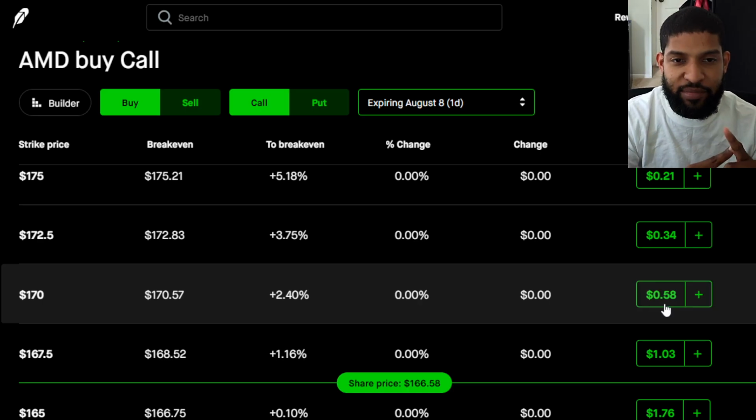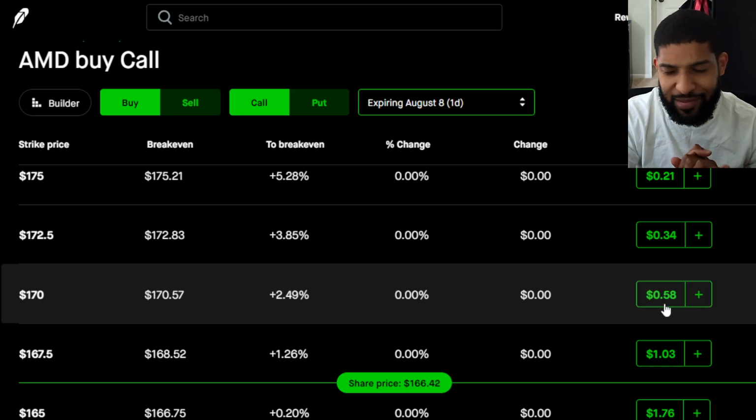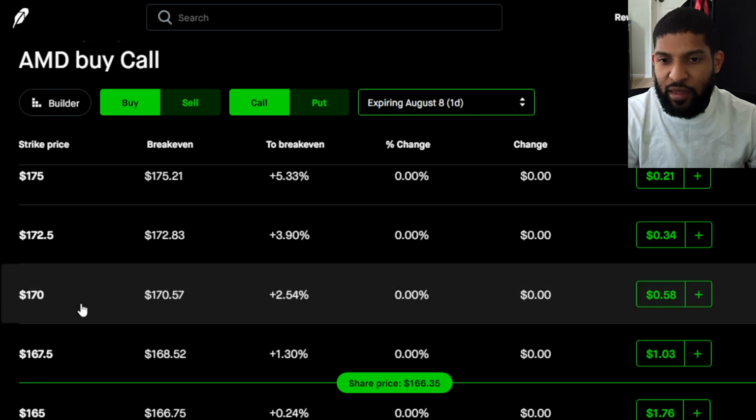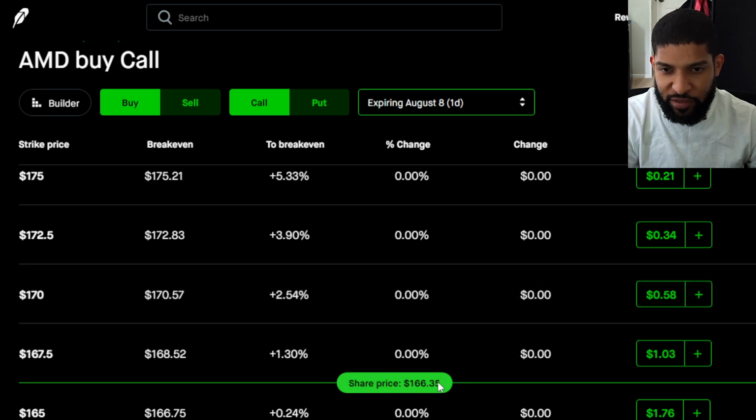So you have to times that by the price. It's saying the contract is 58 cents, but in actuality, times that by 100 is $58 per contract. All right. And this is a share price. Currently, AMD is at 166.